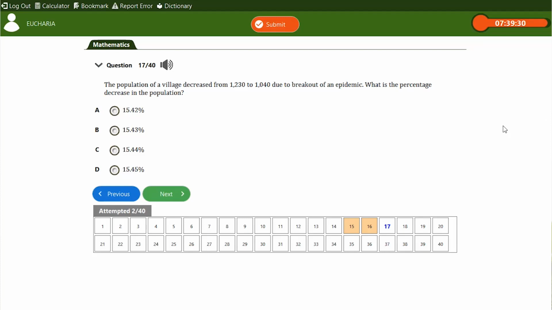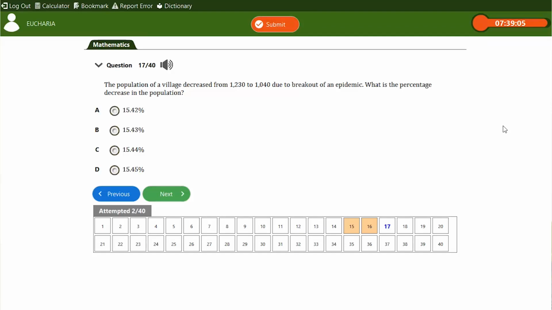Okay, let's look at this one. The population of a village. This is a percentage increase and the percentage decrease. So under percentage increase and percentage decrease, that's how you solve such questions.